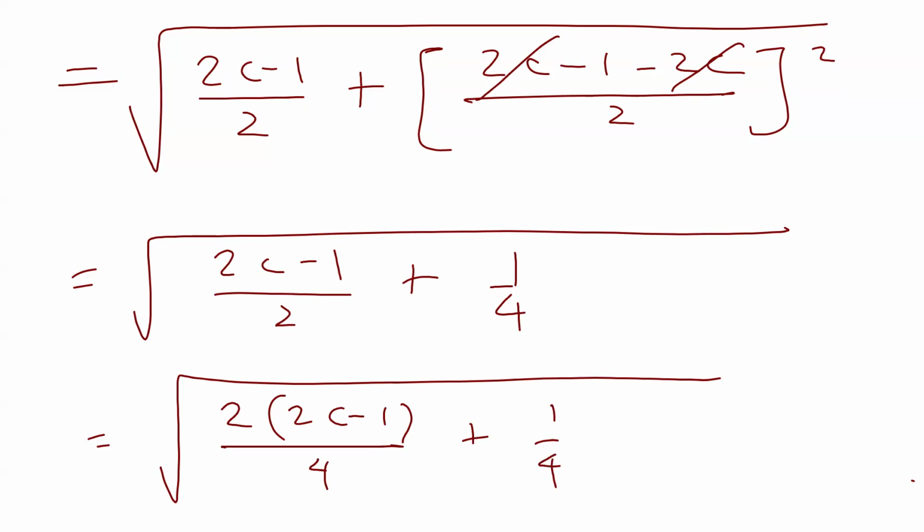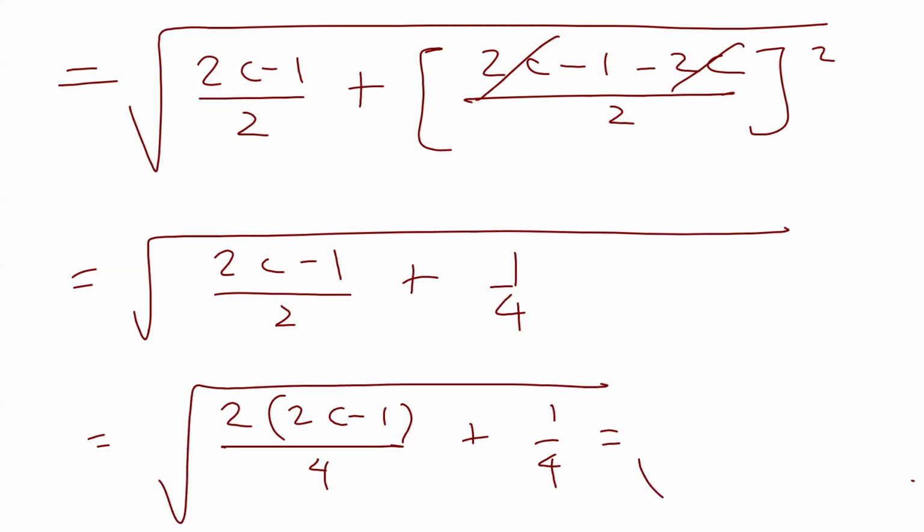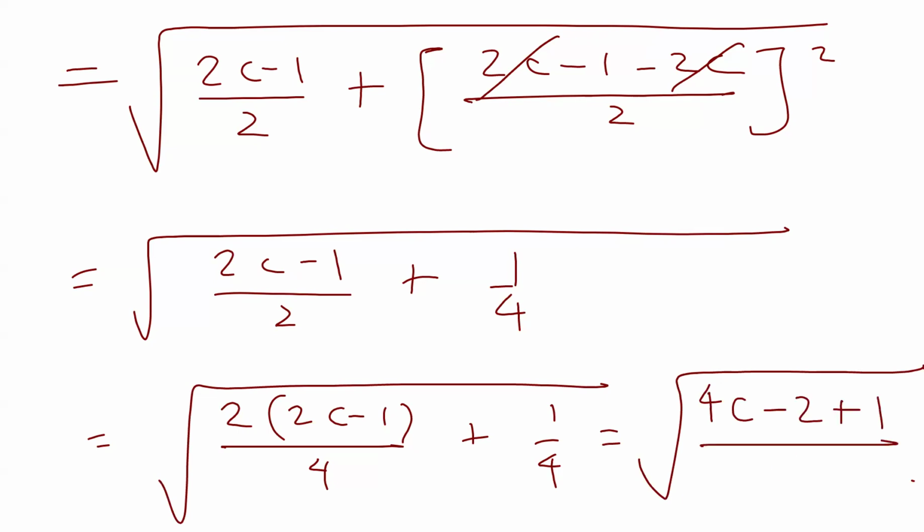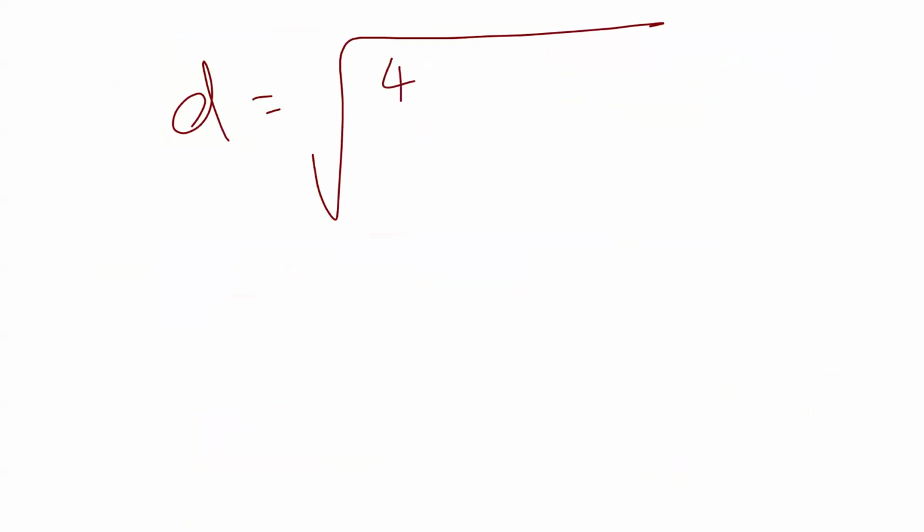So I have taken LCM over here. Fine. 4c minus 2 plus 1 upon 4. So D will be root of 4c minus 1 upon 4. Okay. So that is the final value of D.